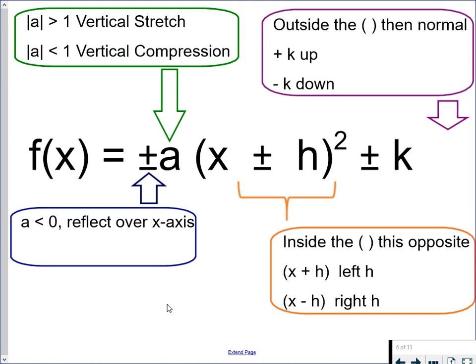But knowing that when I look at an equation, if I look in front of the parentheses, I know I'm going to find the reflection and vertical stretch and compression. I know that when I look inside the parentheses, that's where I'm going to find my left and right. I know that when I look at the value on the other side of the parentheses, that's going to be my up or down. So this is a one-stop shop.